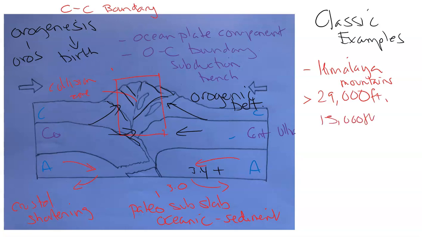To be termed a mountainous area, the terrain only needs a relief elevation above 900 meters or 3,000 feet, which is what I saw in research. So you can see the Himalayan mountains are way above that.